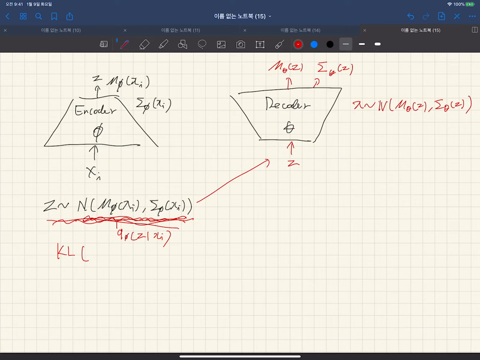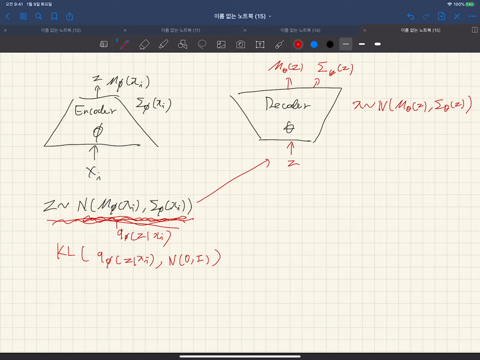So for the encoder, the loss function is the KL divergence between q phi z xi and the normal distribution with mean 0 and identity covariance matrix.